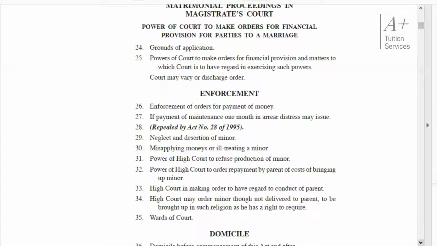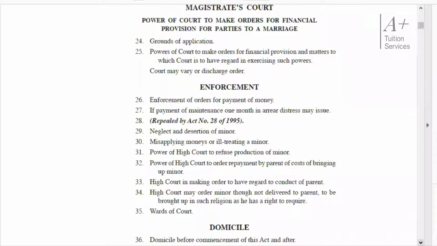We have the enforcement part, which covers enforcement of orders for payment of money. For example, most times when parents divorce or people separate, the mother has full care and control of her children. By extension, the children's father would be given a court order to pay maintenance, right?